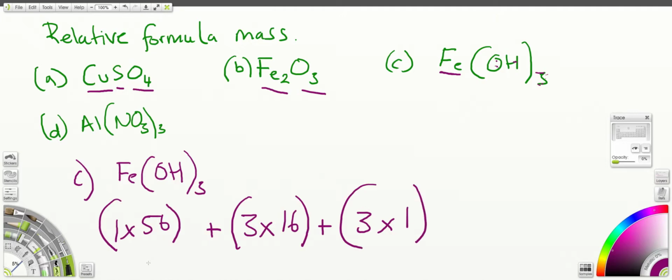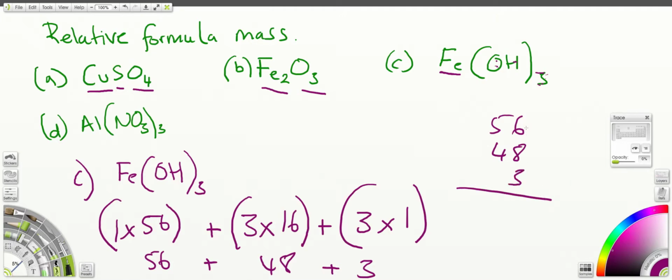Now I need to solve this: 56 plus 48, plus 3. Let me do that here, because I'm not good at arithmetic, so I need to show my working out. So this has a formula mass of 107, we just worked it out.